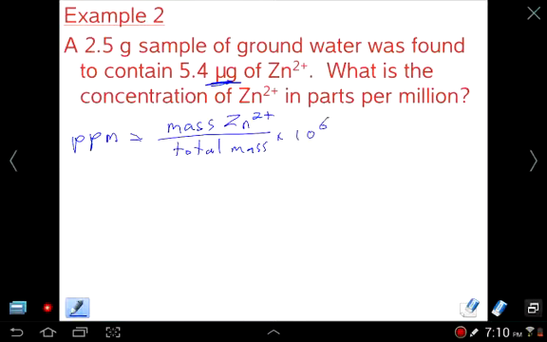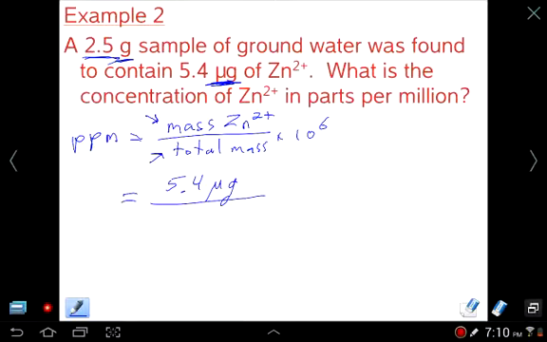Now the only thing we have to do here is ensure that both the top and the bottom of the equation are in the same unit. So we can either convert both to grams, or we can convert both to micrograms. So why don't we convert both to micrograms, since zinc 2+ is already in micrograms. So all we have to do here for the top is you've got 5.4 micrograms, and we can divide that by the total, which is 2.5 grams.